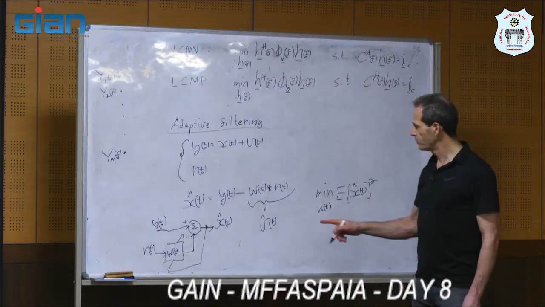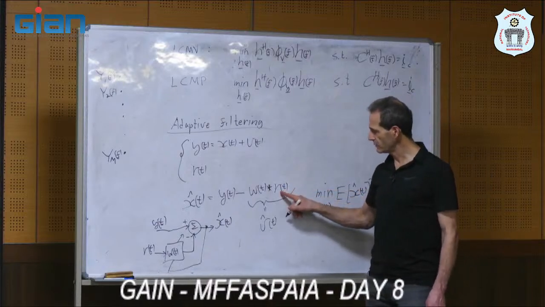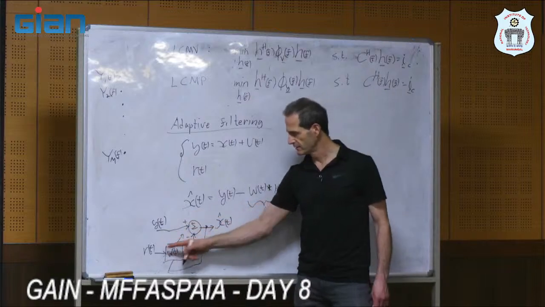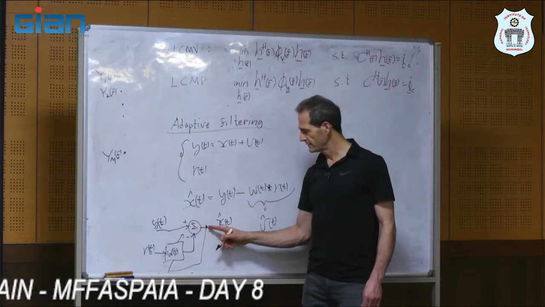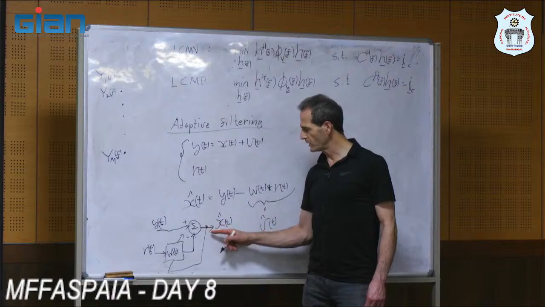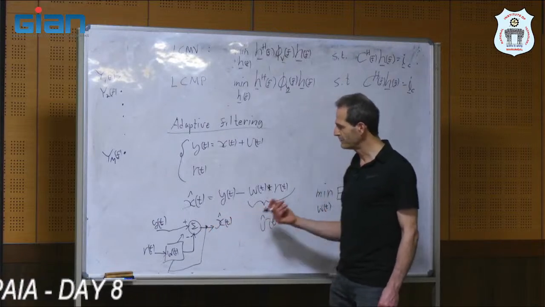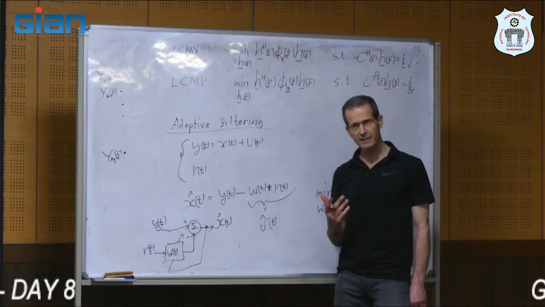That's why it's very important that r(t), the reference channel, is uncorrelated with the desired signal. Because if it's correlated, maybe it will minimize this power, but by minimizing the power of the desired signal.